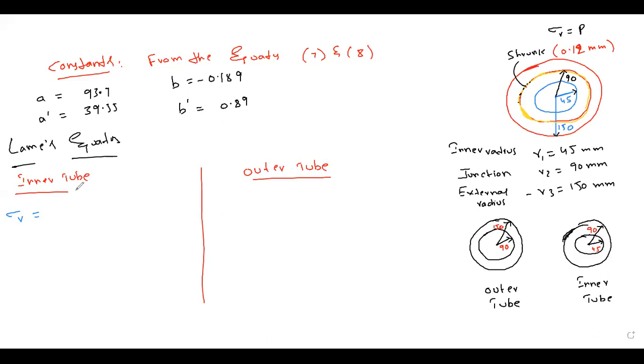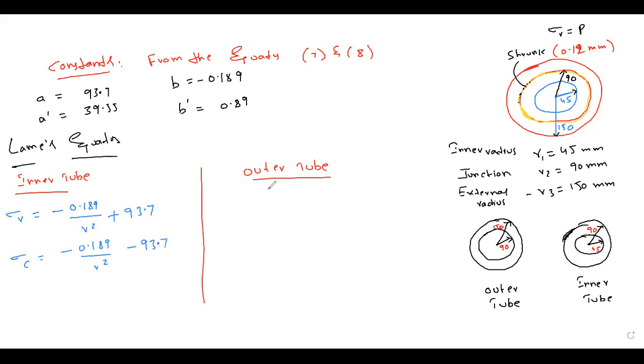Sigma r is minus 0.189 by r square plus 93.7. What is sigma c? Minus 0.189 by r square minus 93.7.